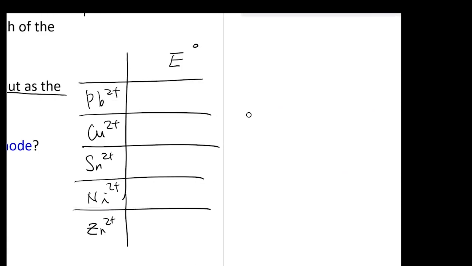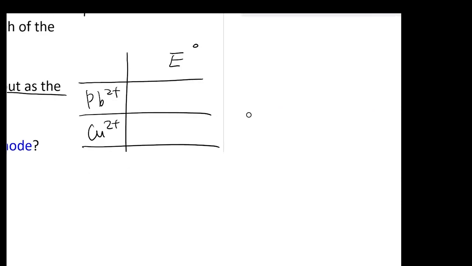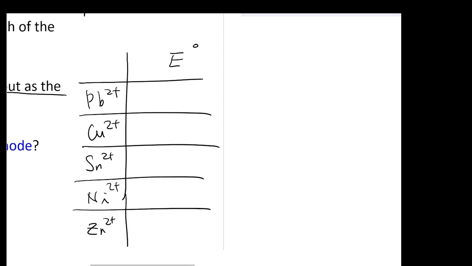The first thing you do is check your standard reduction potential table and pull out the numbers. Assuming I pull out all the values for you, this is negative 0.13 volt. This is 0.34 volt. This is negative 0.14 volt. And then negative 0.23 volt.